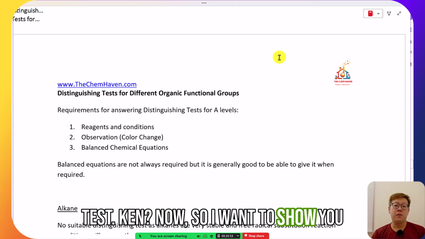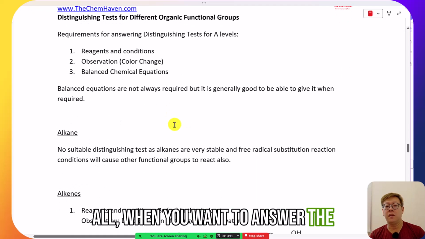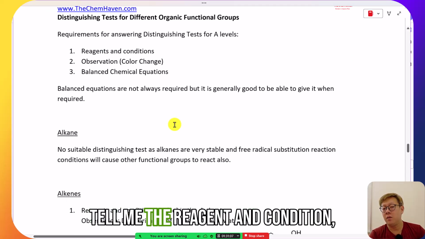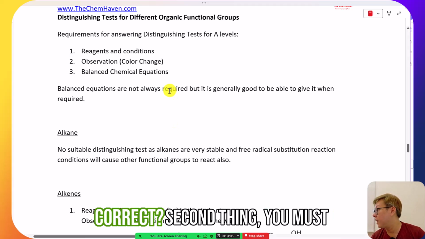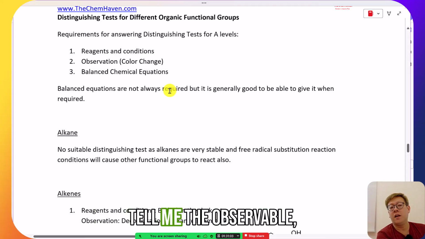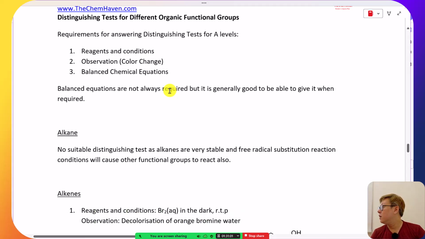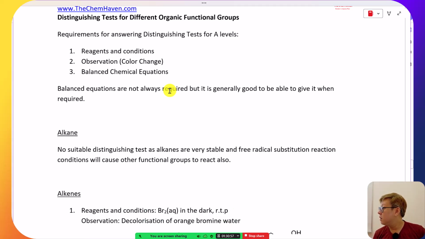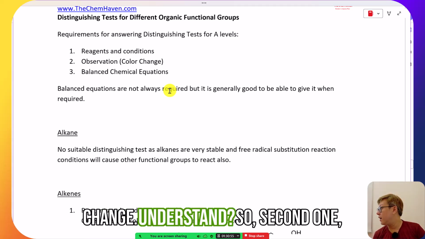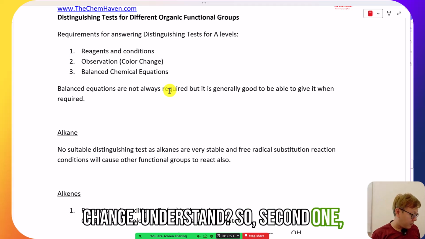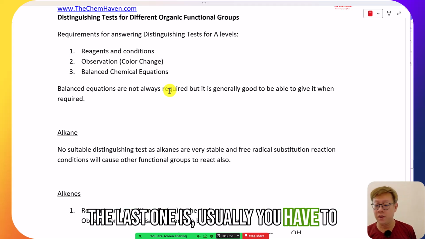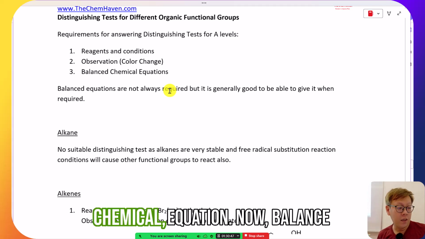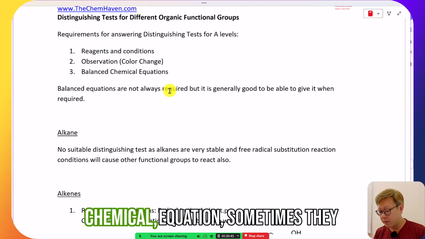Now, so I want to show you all, when you want to answer distinguishing test question, normally, number one, you need to tell me the reagent and condition, correct? Second thing, you must tell me the observable, distinctive, color change. Understand? So, third one, the last one is usually you have to write the balanced chemical equation.